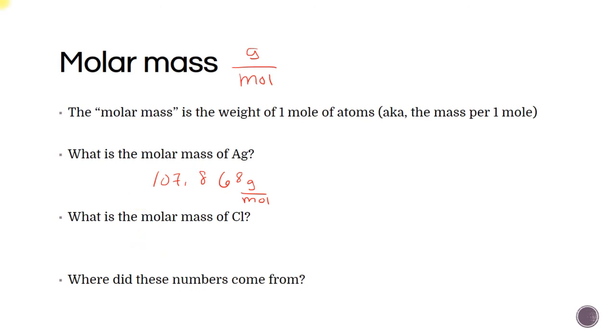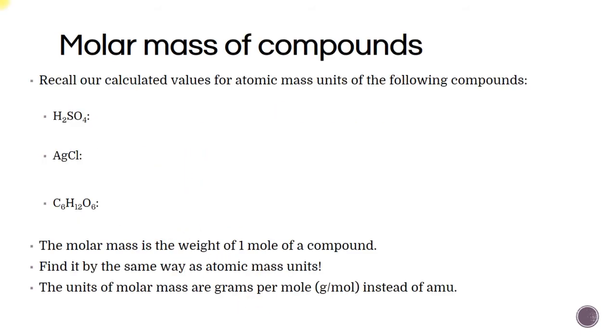Chlorine says 35.453. Okay, so whenever we're pulling these weights off the periodic table, the unit is grams per mole. That literally means to get 1 mole of chlorine, for every 1 mole of chlorine I get 35.453 grams. Okay, so the answer to that is that the periodic table has all the things we need.